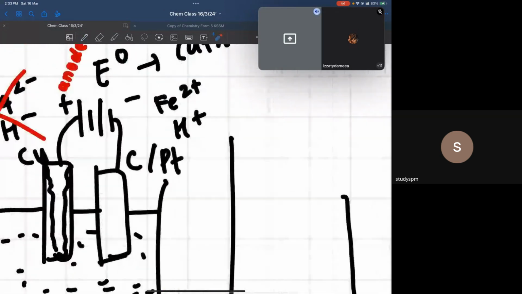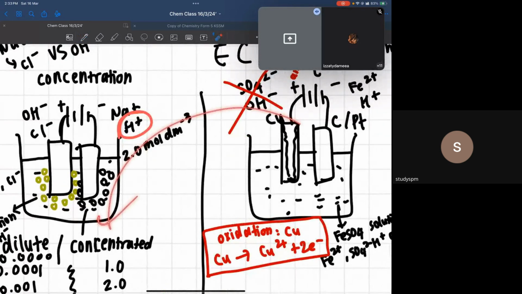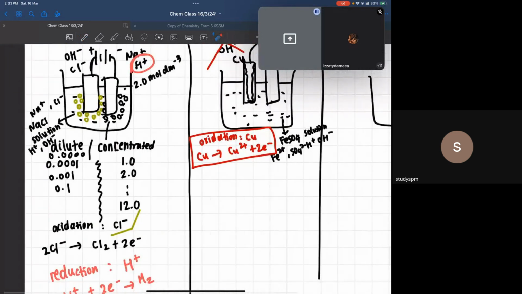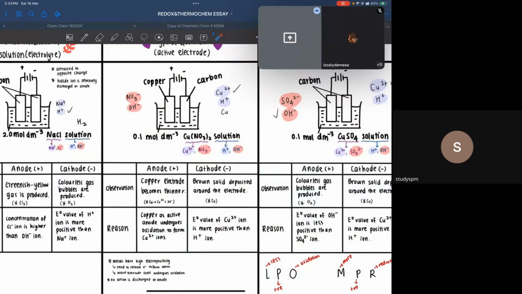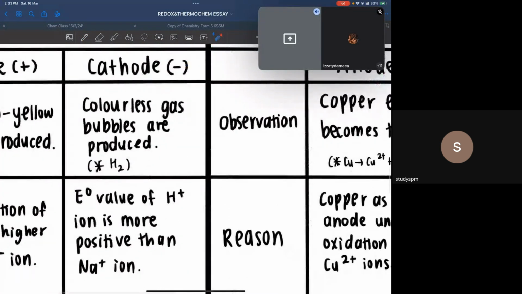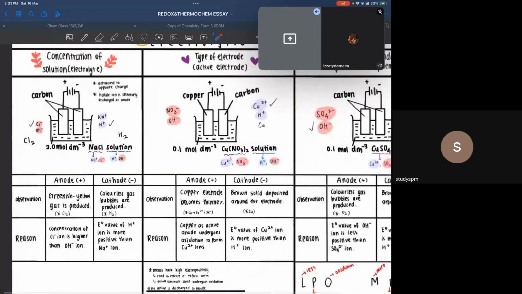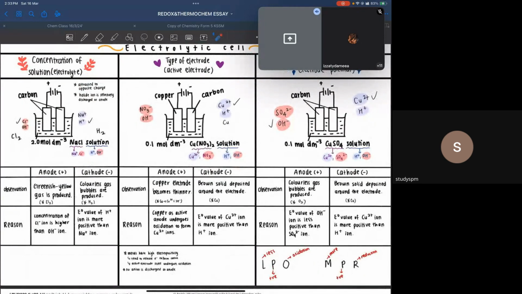Okay, so for cathode, it is always the same as E value. How to answer? No problem. Look at this one. Cathode is always this one. As you can see, there are 3 types of factor. But if you realize, for cathode, you always can see the word E value.